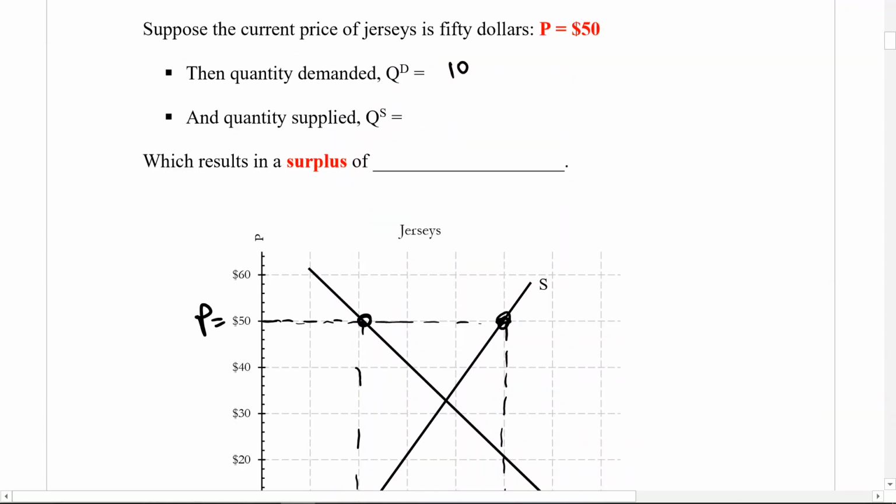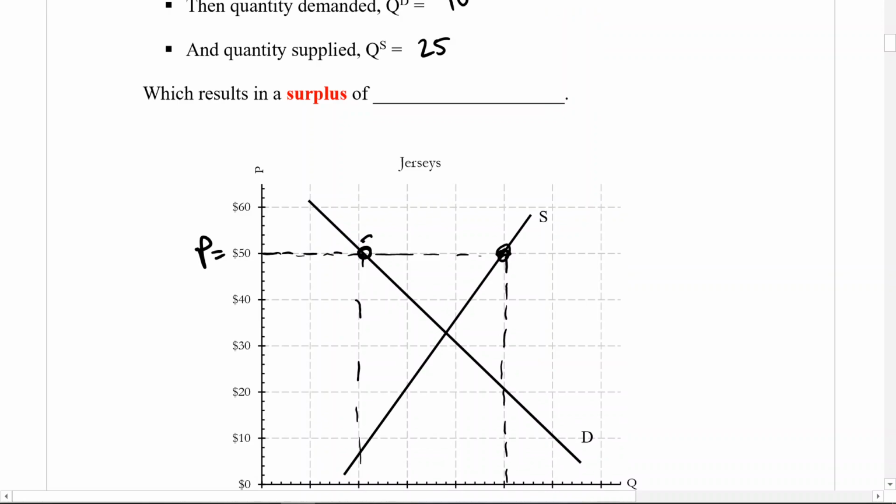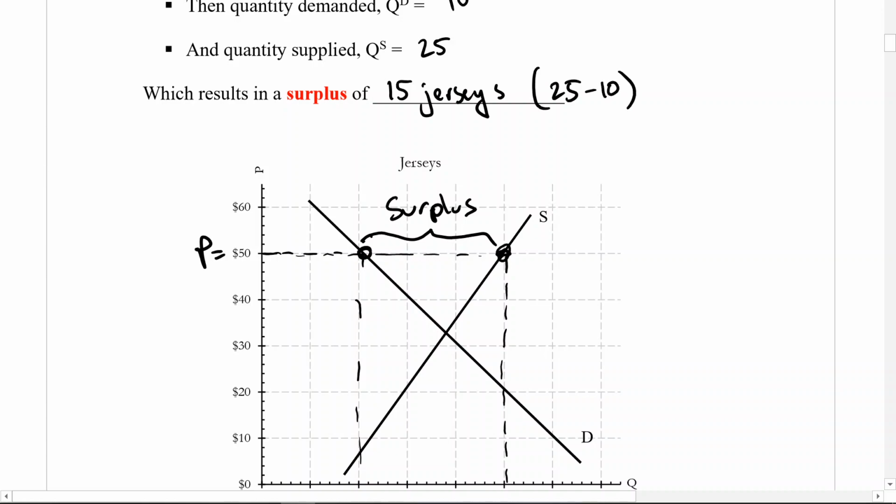So quantity demanded of 10, quantity supplied of 25, leading to a surplus of everything here in between. That's our surplus, and that's 15 jerseys, right? We just get that through subtraction.